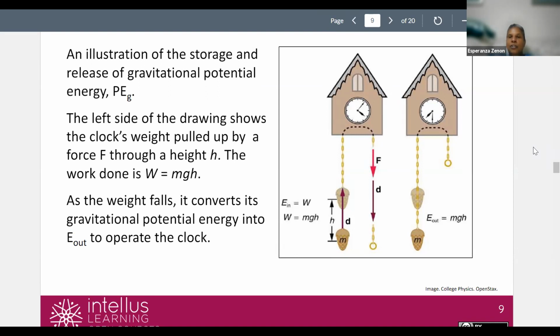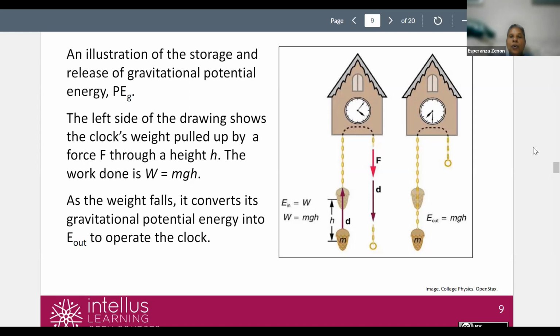Let's say you put your finger in the ring and you pull down on that chain. So you exert a force downward, that's the red arrow F, and that chain undergoes a displacement D. And notice they're both in the same direction. F and D are in the same direction.